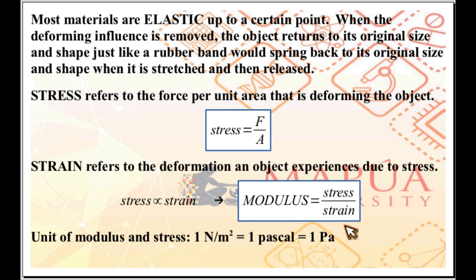That means strain, the deformation, must be measured in such a way that the strain does not have a unit to maintain the equality of the unit. Modulus's unit is Pascal, stress is Pascal, strain must not have a unit so that Pascal equals Pascal.